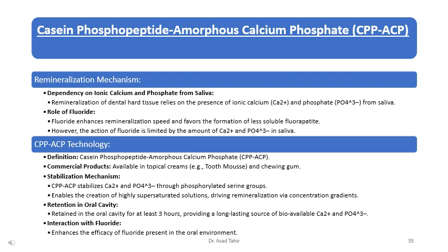Oral retention: it stays in the mouth for up to 3 hours, providing a continuous source of calcium and phosphate ions. Interaction with fluoride: it enhances fluoride's effectiveness in the mouth. In summary, CPP-ACP technology helps remineralize teeth by stabilizing calcium and phosphate ions, which are essential for the process. It works alongside fluoride to promote stronger, healthier teeth.